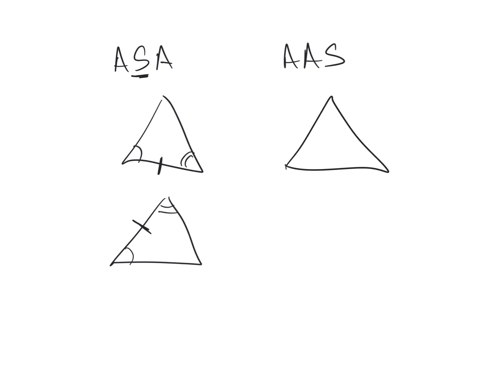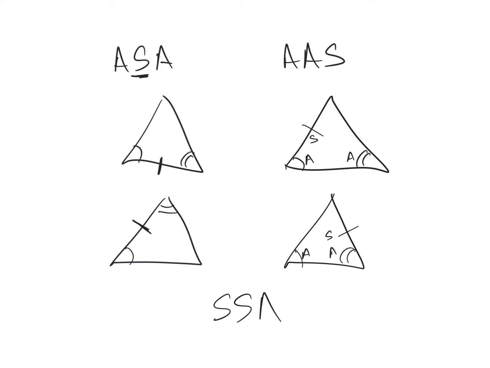But if you had a different side with an angle and an angle, if it was there, or if it was this side, these are both angle, side. You have an angle, and then the side. So let's get something straight. You will never, ever have side, angle. Ever. I told you that when we were going over it, and I had a million of you write those down as possibilities.